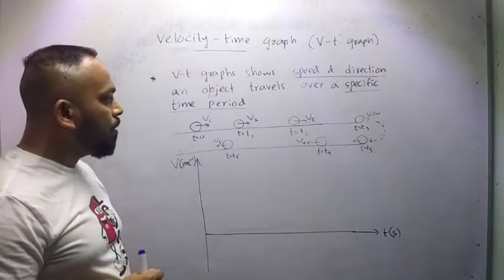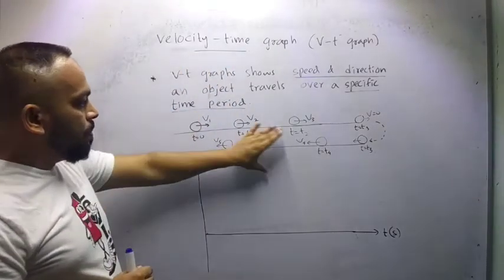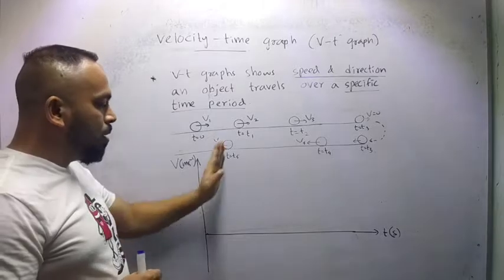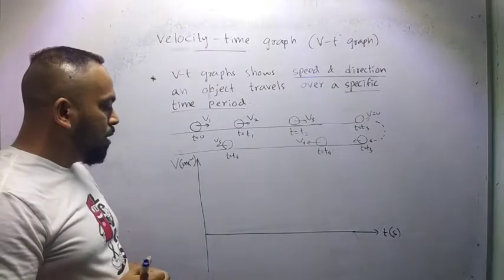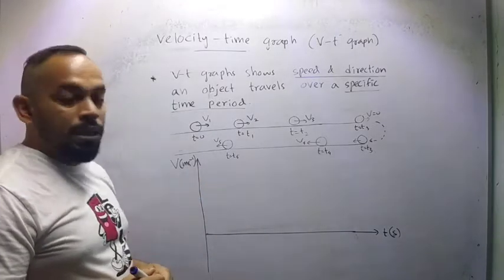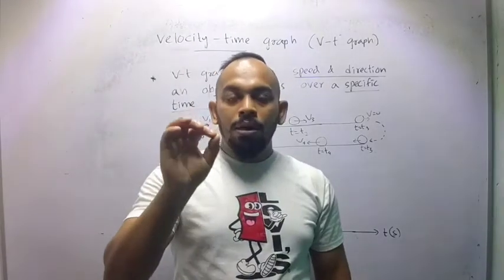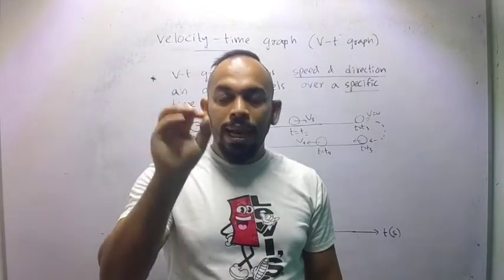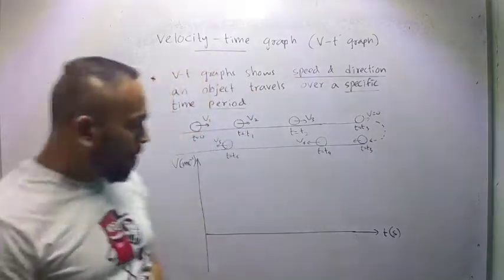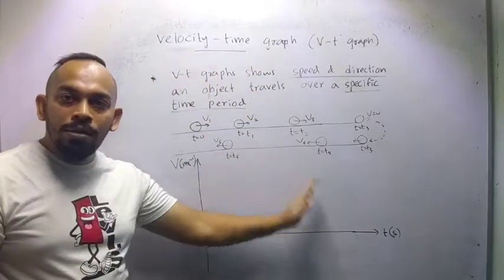Okay, right. So I put a diagram here just to show you how to sketch a curve in a VT diagram. In a VT diagram, you can only plot velocity at a given time, right? A VT diagram is like a Cartesian plane.